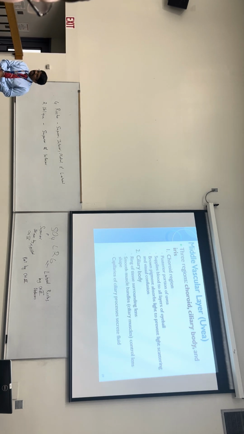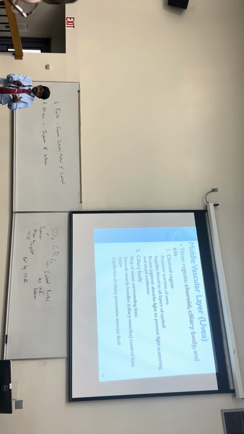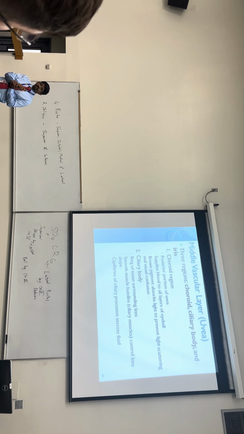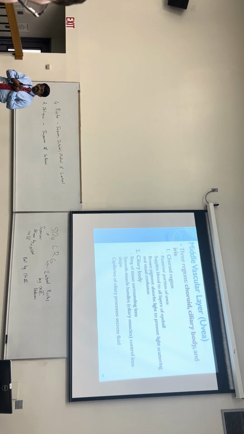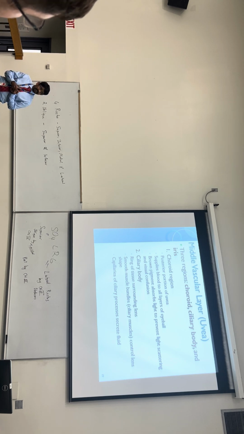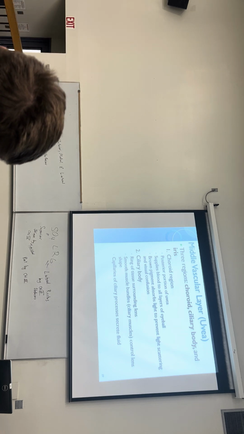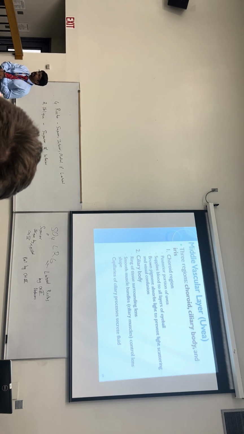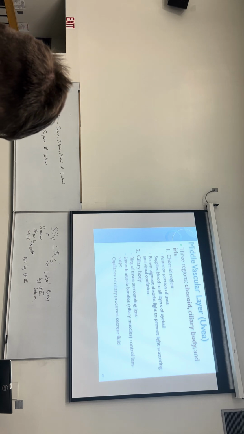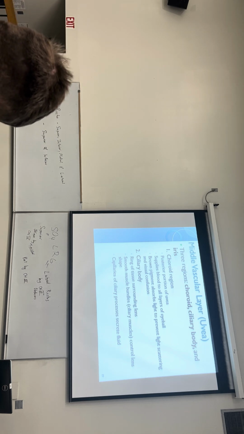The next one is the ciliary body. We have the ciliary muscle and the ciliary process. The ciliary process we mentioned a while ago. It produces the aqueous humor, that's the fluid we're talking about here. While the ciliary muscle is the one that will change the shape of the lens.